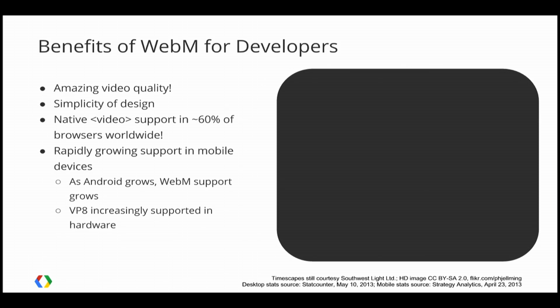Simplicity of design. So VP8 is unlike other codecs you might know of in that we designed it to be completely compliant across any decoder. So any valid VP8 stream that you create will decode and play back in any compliant VP8 decoder. So why is that different than other codecs?